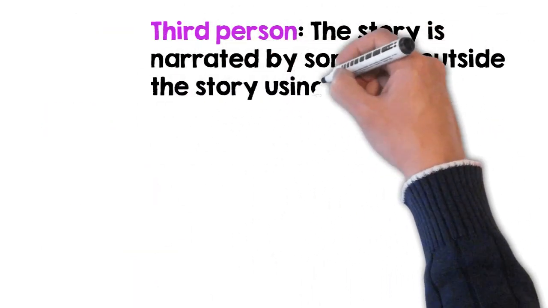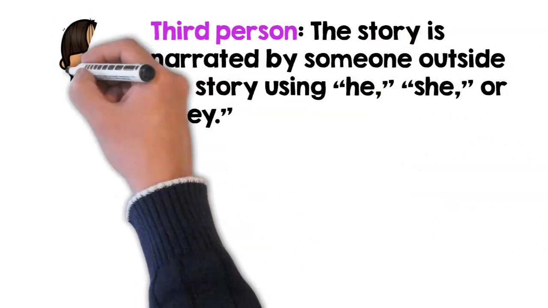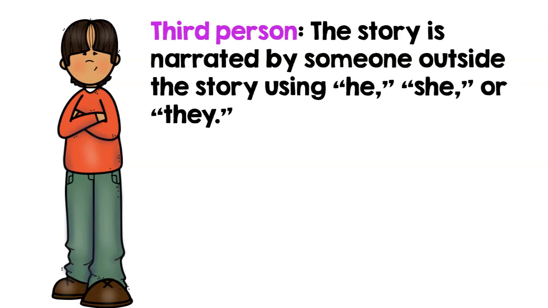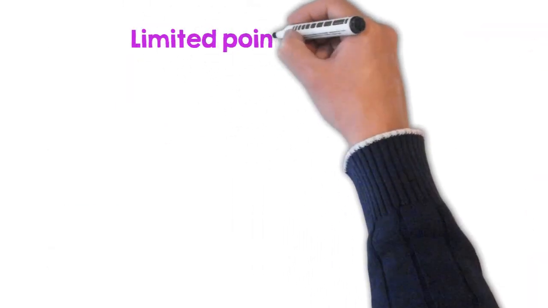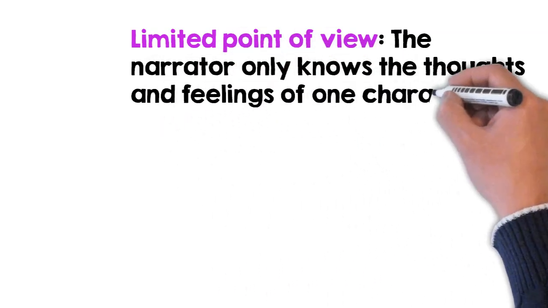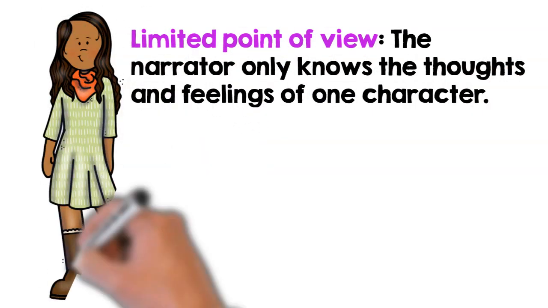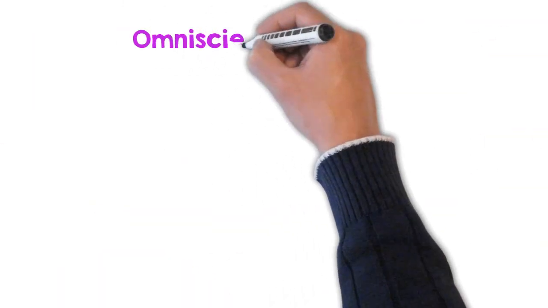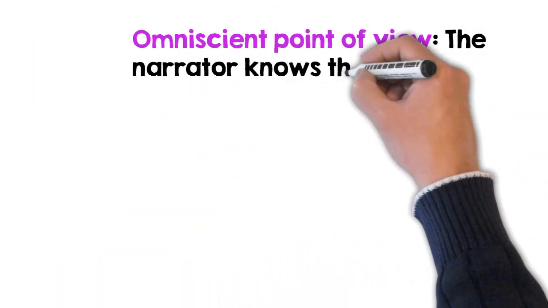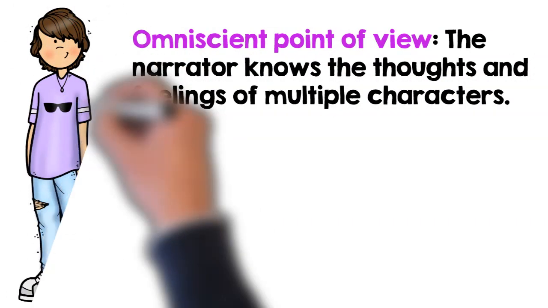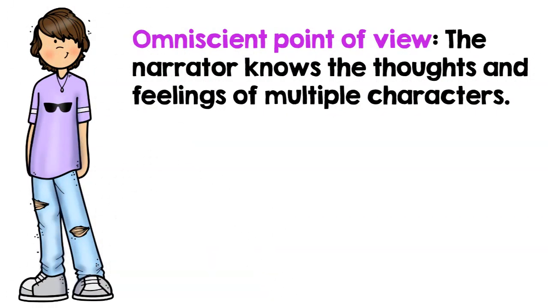The story is narrated by someone outside the story using he, she, or they. Limited point of view. The narrator only knows the thoughts and feelings of one character. Omniscient point of view. The narrator knows the thoughts and feelings of multiple characters.